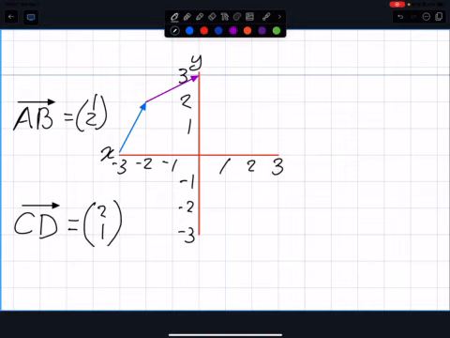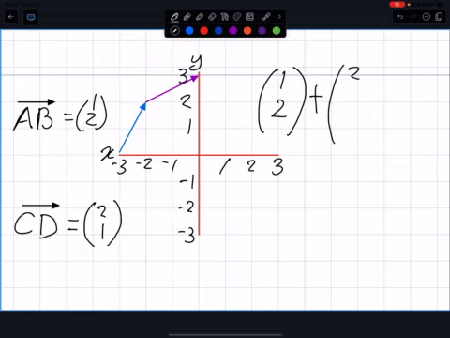So adding vectors together, 1, 2, add 2, 1. Some people, instead of walking in a straight line to get to their destination, move around first. But what if you went directly straight to the point, adding them together?